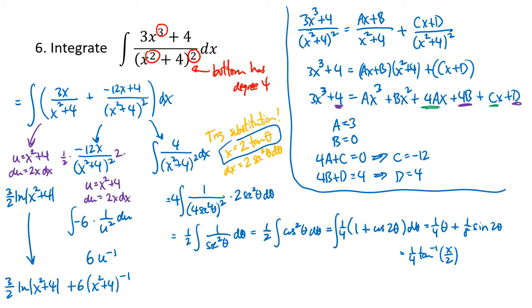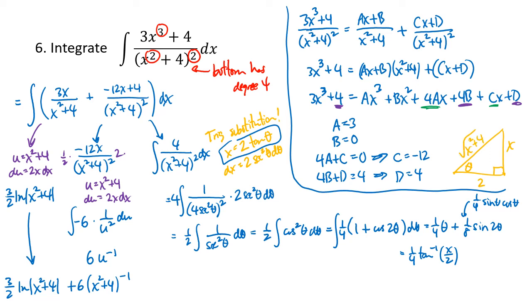And what about sine of 2 theta? Well, there we have to remember that sine of 2 theta is 2 sine theta cosine theta. So that's going to give us 1/4 sine theta cosine theta. What are sine of theta and cosine theta? Well, that's where we need to draw our little triangle. We know theta has a tangent of x over 2, so we label a triangle like that.